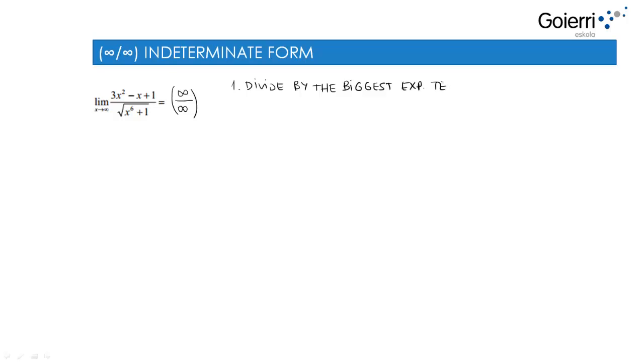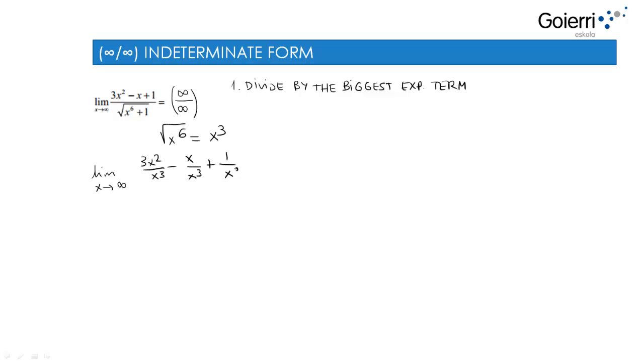Here we have to be careful finding the biggest exponent term. In the top we have x squared, and on the bottom we have the square root of x to the 6. But we know that the square root of x to the 6 is x to the third. So the biggest exponent term of the function is x to the third. So we have to divide all the terms by x to the third.